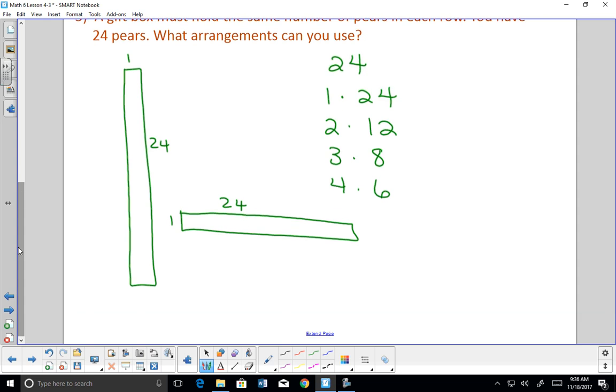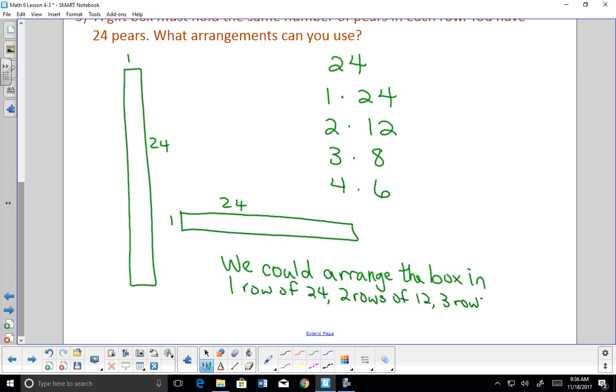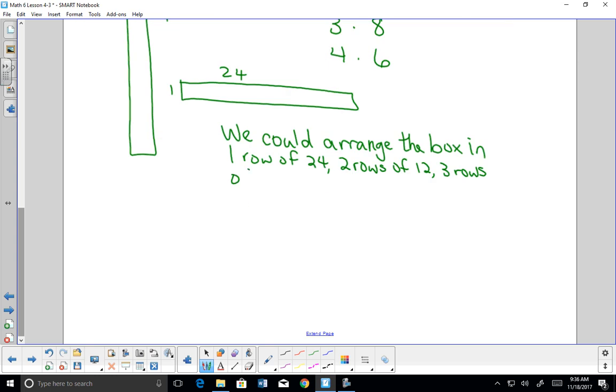We could arrange it in 1 row of 24, 2 rows of 12, 3 rows of 8, 4 rows of 6.